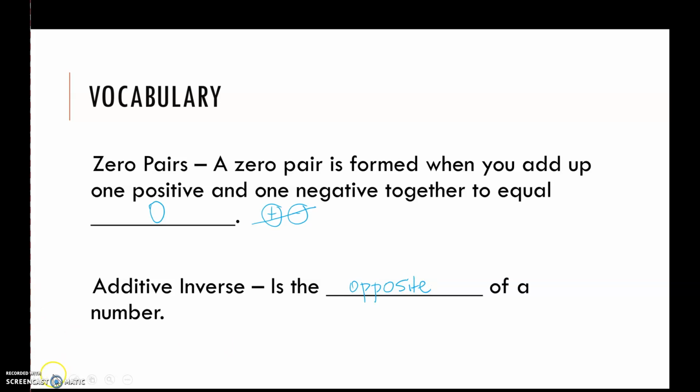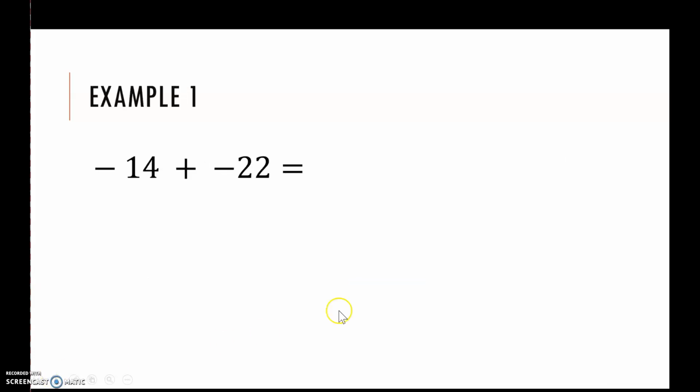All right, let's move on to our notes and our example problems. The first example is negative 14 plus negative 22. They're both negative numbers, so we ask ourselves the first question: same sign or different sign?